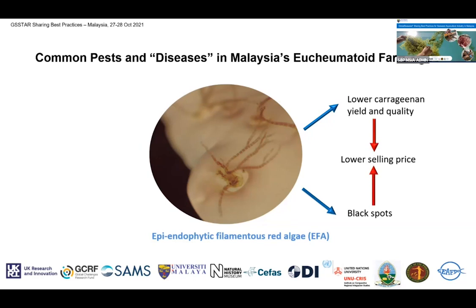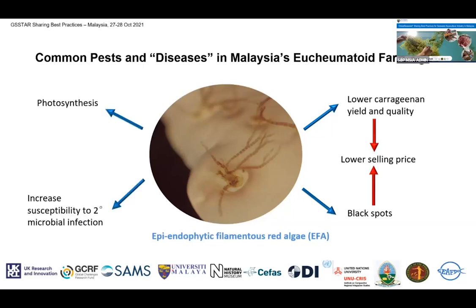The epiphytic filamentous algae penetrate into the surface of the seaweeds and anchor into the host tissues using their rhizoids. This gives a hairy appearance. The point of entry of these epiphytes increases susceptibility to secondary microbial infection, and it also affects photosynthesis.